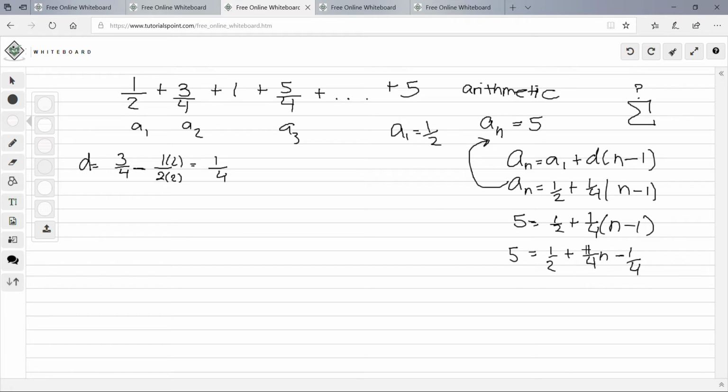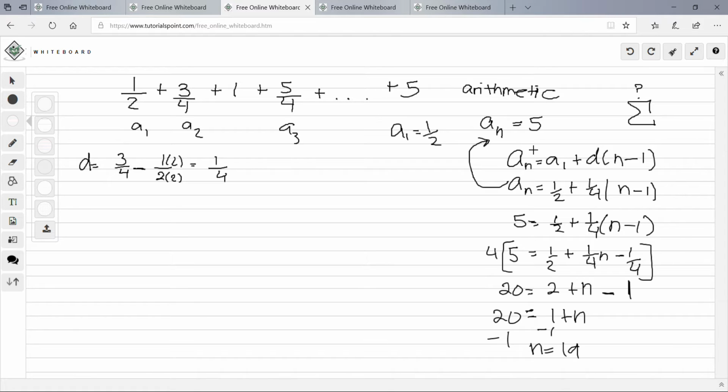I want to get rid of the 4's, so I'm going to multiply everything by 4. So that gives me 20 equals 4 over 2 is 2 plus n, because the 4 cancels, right? And then negative 1. So you're left with 2 minus 1 is 1 plus n equals 20. Subtract 1 on both sides. So n equals 19. So good, we found the n.